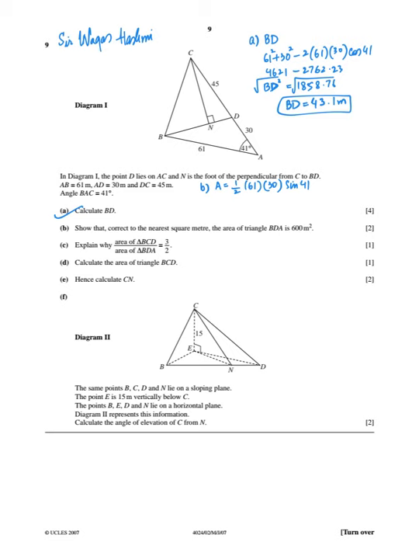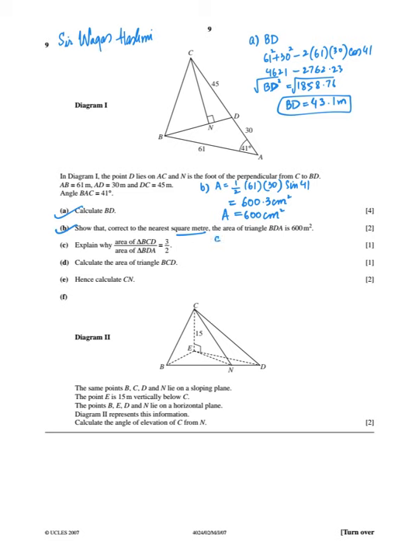Sine 41 times 30 times 61 divided by 2 is 600.3. Correct to the nearest square meter, it will be 600 square meters. That is your area, and we need to show that.